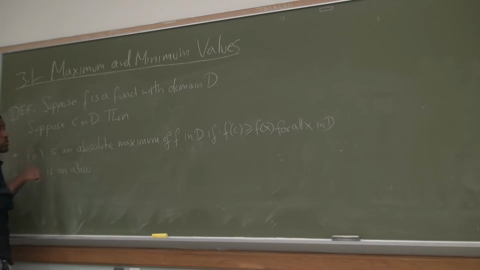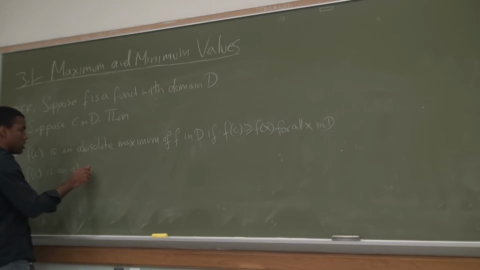D is the domain. It's just like an interval, right? And c is just a number in that interval. I'll illustrate this here.